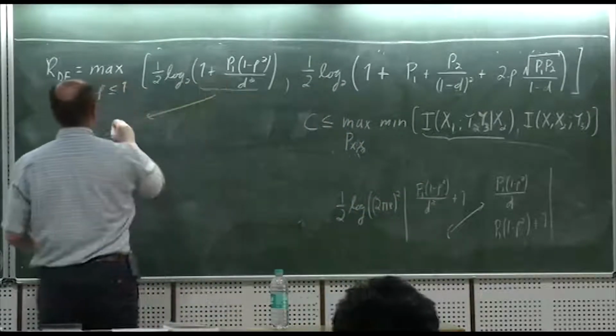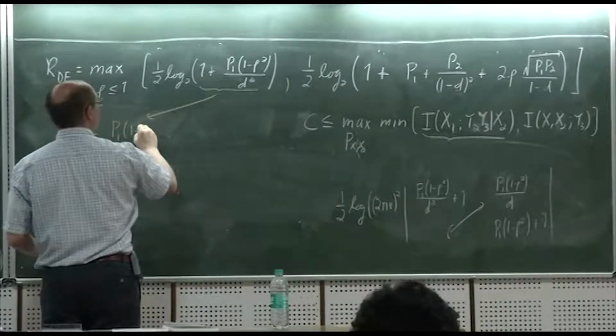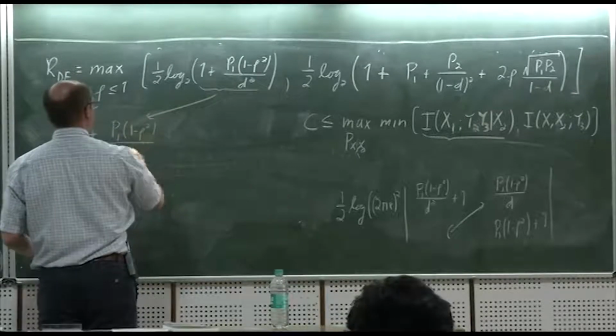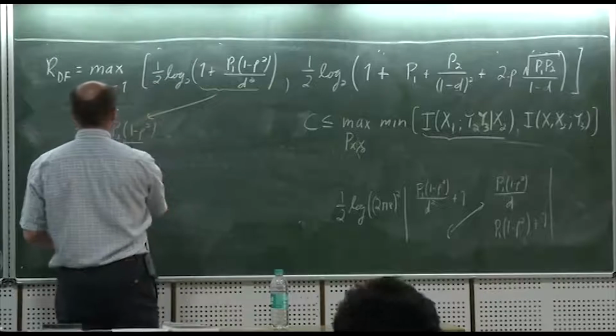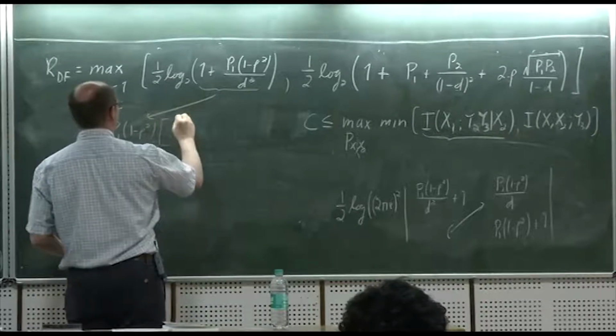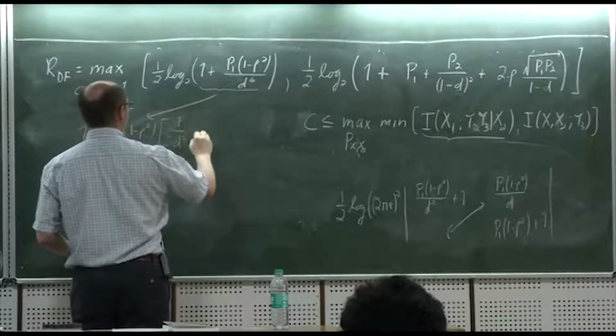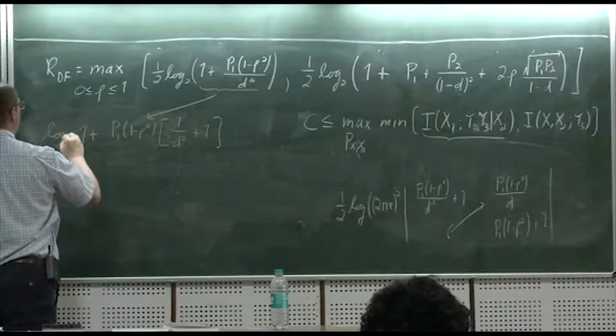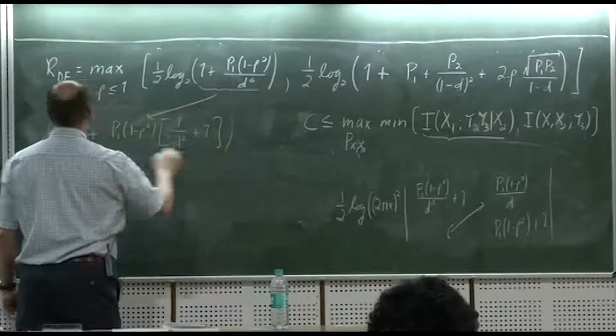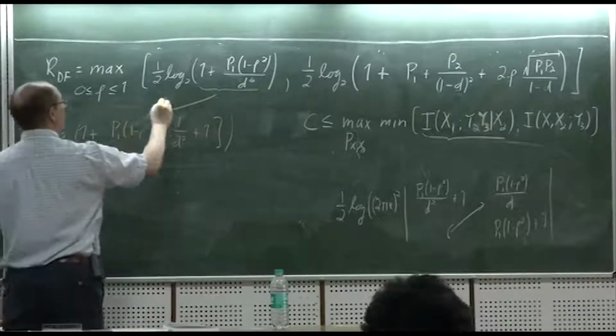So we do get p1 1 minus rho squared by d squared, but we'll get an additional term, namely plus 1. Right? That's what we got instead. So that becomes the log to 1/2. That's the Cutset bound.